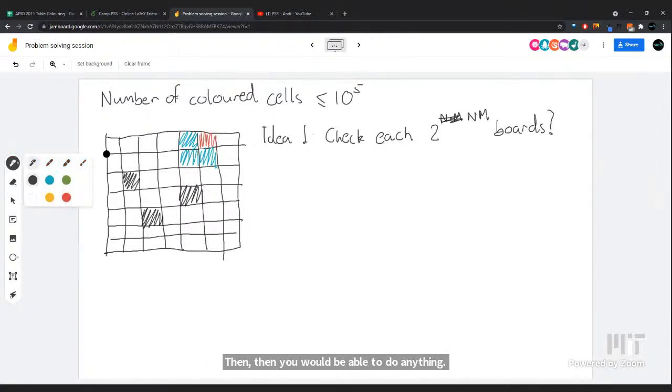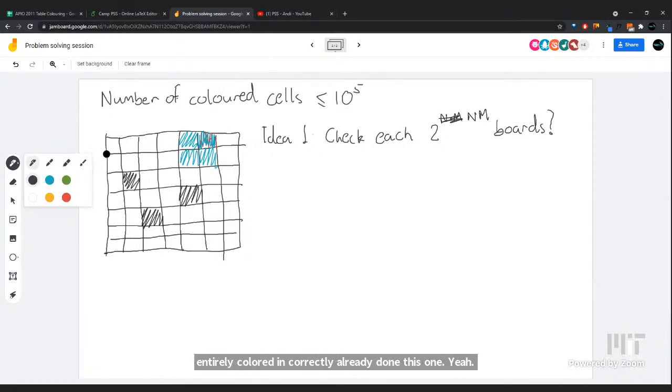No, if this red was also blue, then I think the answer would be 0. Yeah, so there are 0 ways. And if the board is entirely colored incorrectly already, then the answer is 1.